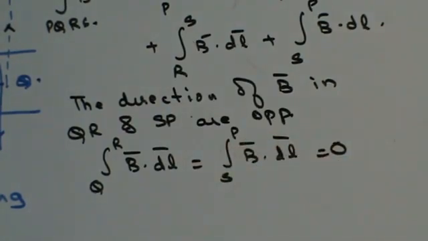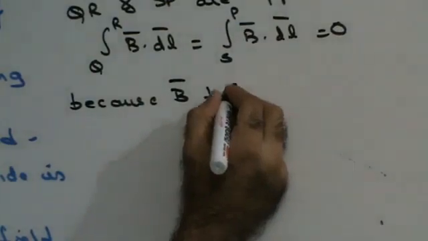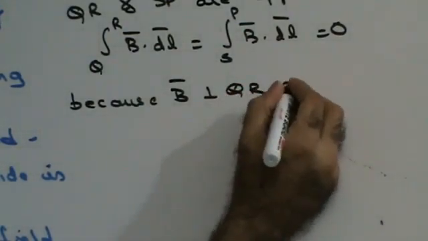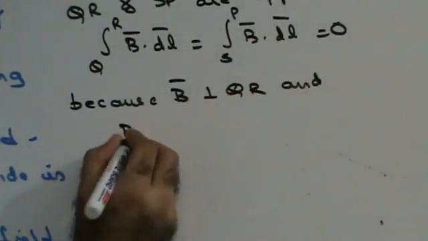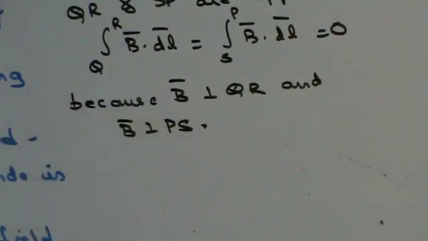Because the direction of B vector is perpendicular to them, and if it is perpendicular, we know that cos 90 is 0, because B vector is perpendicular to QR and B vector is perpendicular to PS, right? So therefore theta becomes 90 and therefore these two values will become 0.